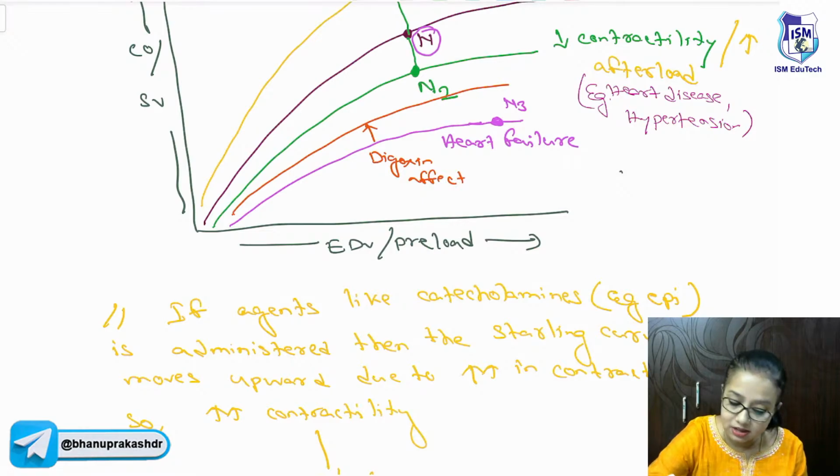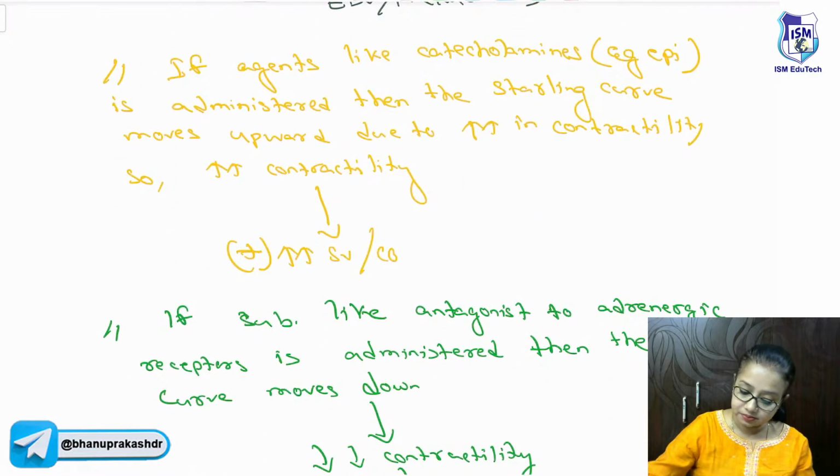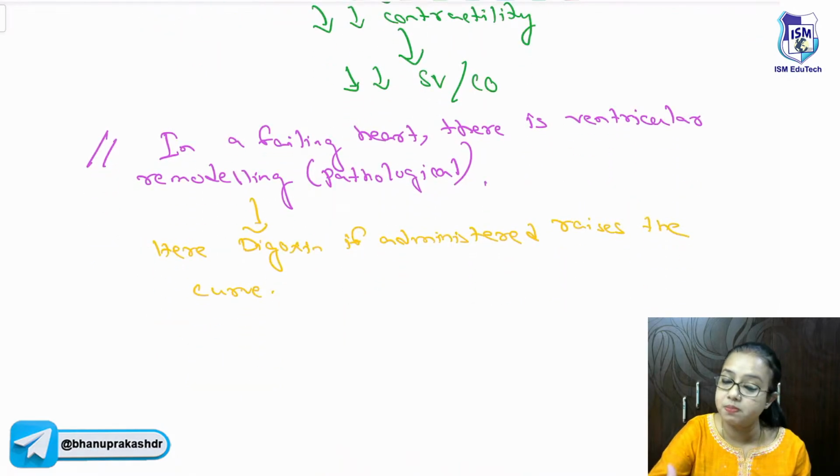Raised from where? Raised from the one that was due to the heart failure. But it does not raise it back to N. It cannot raise it back to N. And the normal pumping capacity is not attained, though the failing heart is stopped from going into failure.